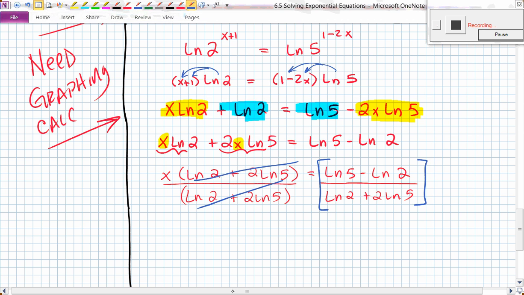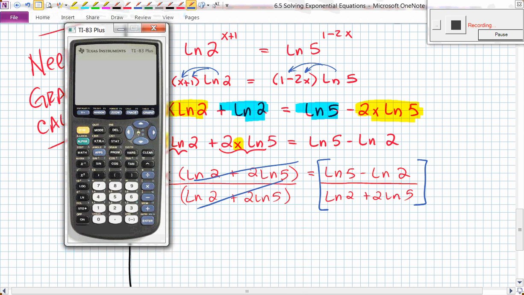So let's go ahead and do that real quick. And I suggest you get the numerator first. So here's what I mean by that. I'm going to punch in natural log of 5, and then subtract off the natural log of 2, and then get enter. And then just divide that out by the bottom, which is the natural log of 2 plus 2 natural log of 5.